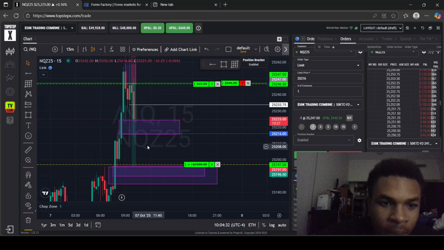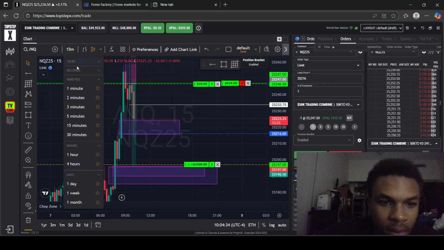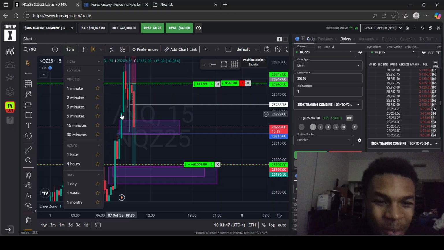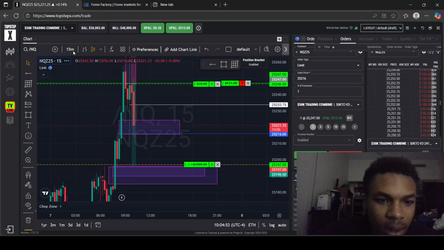So this is putting mad pressure on our trade right now, which is why this is like a range. But if this was an XFA, I would just take the money and leave, even though it may not seem like it, right? But we're on the eval, so I'm trying to get off here as quick as I can. Like I'm not in a rush, but you know what I'm saying.